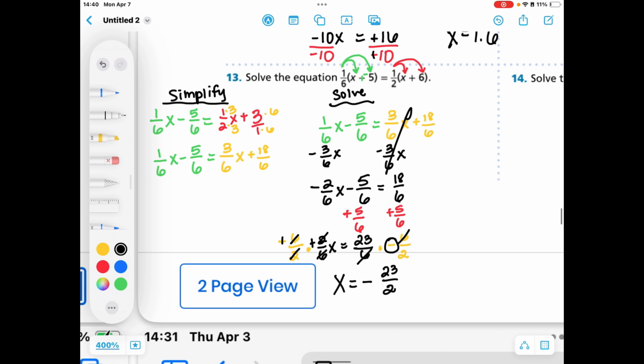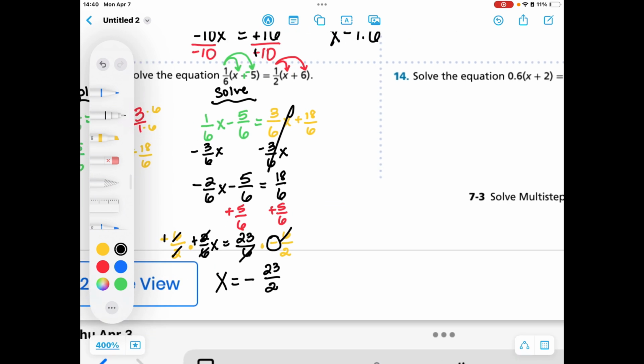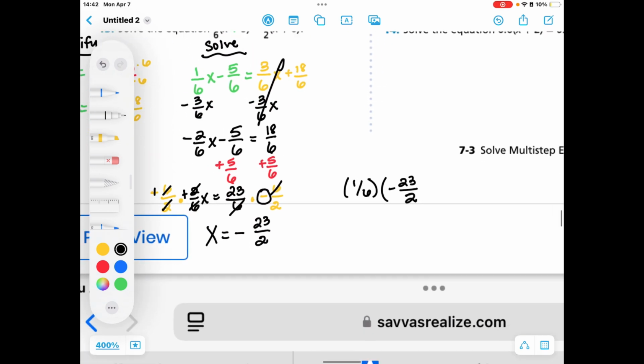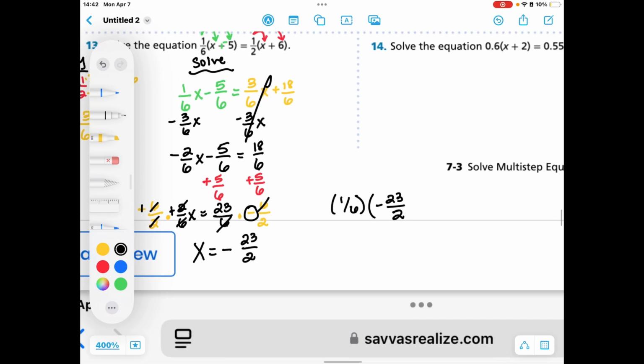Worst case scenario, let's plug it in and see if it actually works. I'm going to use my calculator to help me out with this. So I'm going to plug in 1 divided by 6 in another set of parentheses, times negative 23 over 2, which I'm actually just going to simplify as a negative 11.5, because that's what it would be as a decimal.